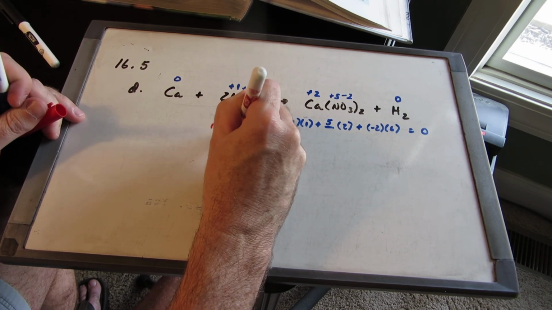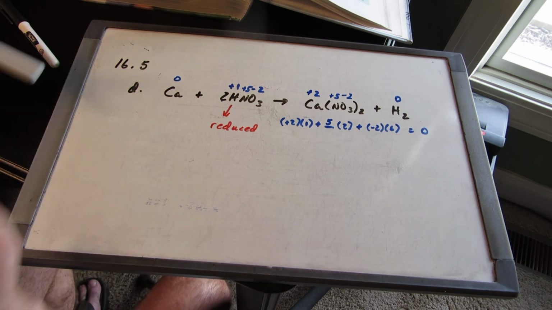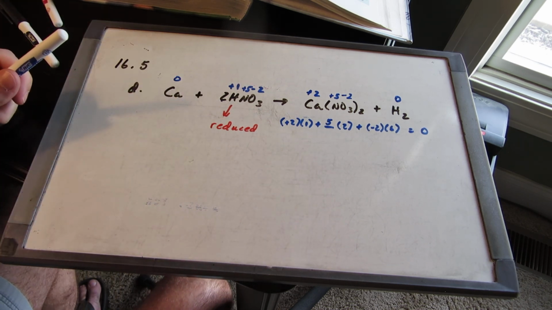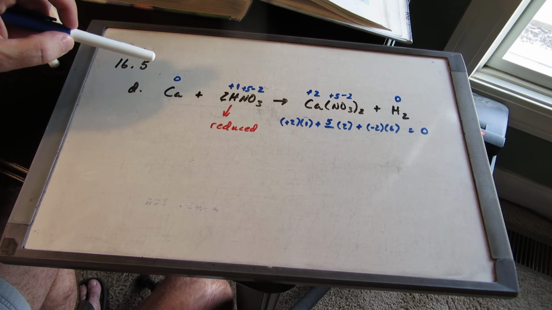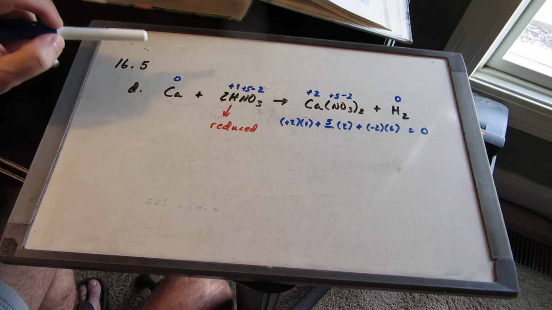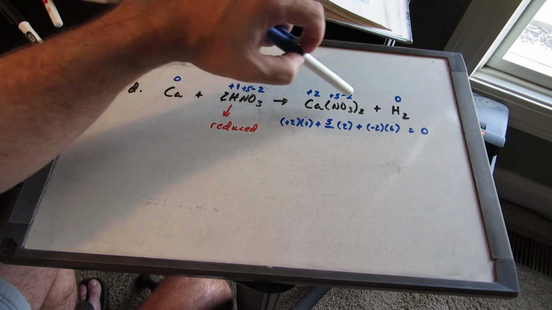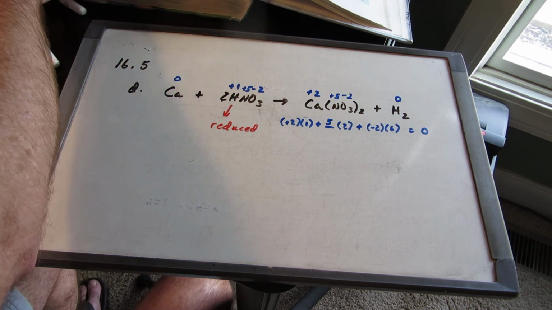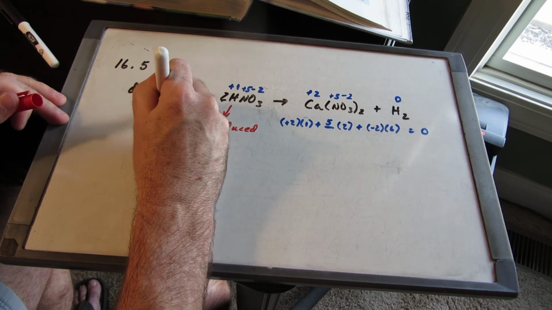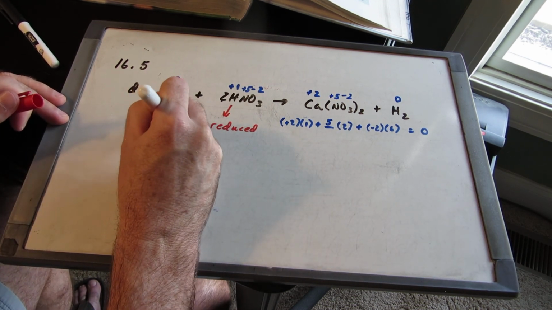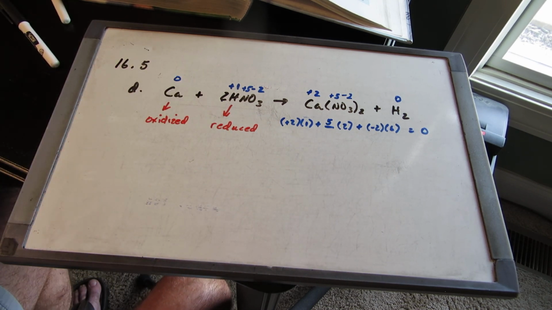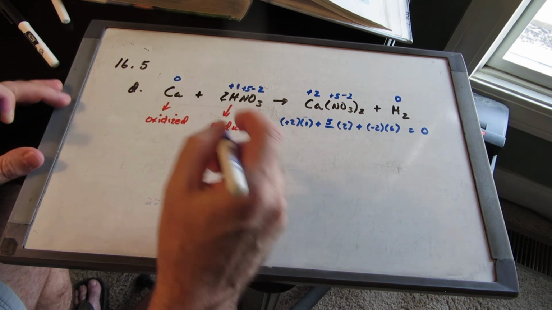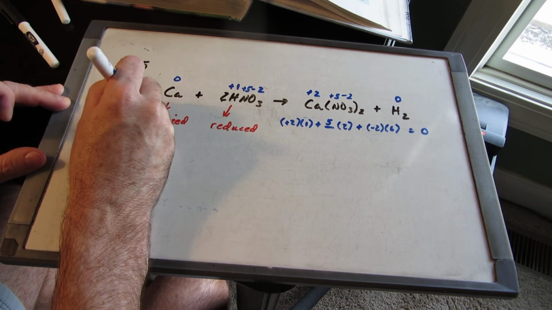So I had to have oxidation, and I couldn't find one. And so then I started looking, I must have messed something up somewhere. And then I saw, oh, dadgum, it was calcium. So calcium by itself is going to be 0. In a compound, it's going to be +2. So calcium is oxidized. And if you have oxidation and reduction, then it is indeed a redox reaction.